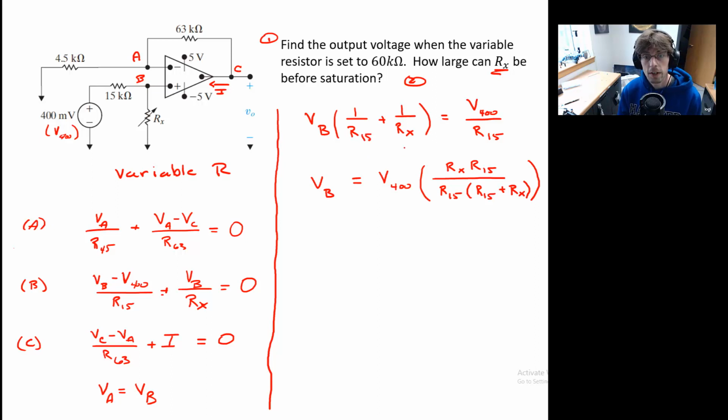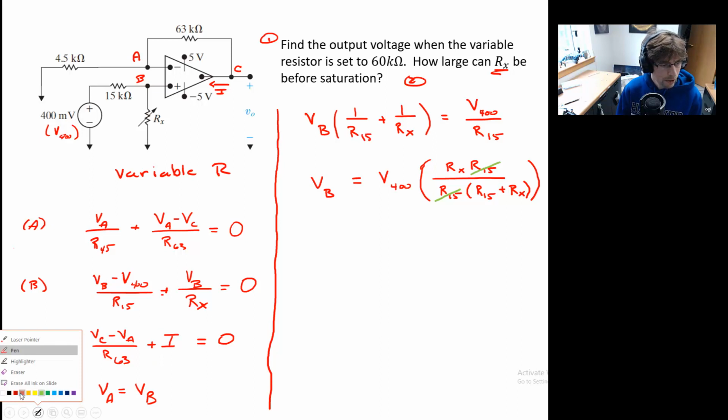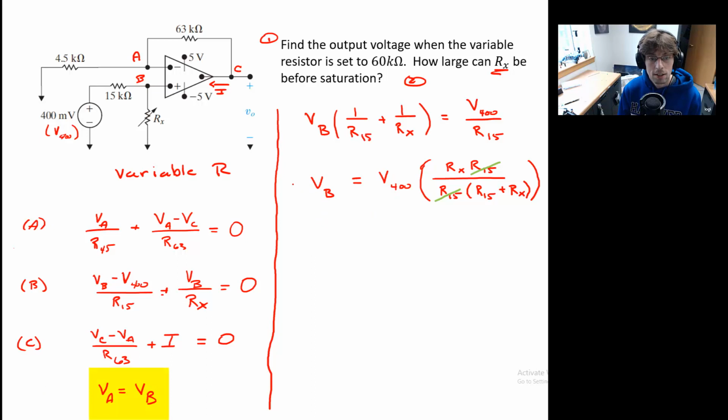So what I've done is just found the common denominator. That's the Rx, R15, and then when I flip it, moving it to the other side, I end up with it in the numerator. Of course, we see that this term in parentheses is unitless, and oh goody goody, I can even cancel something out, so I don't have to worry about that right here and right there. Cool! Well, now I've got an expression for VB, and using my fourth equation, this is also equal to VA.